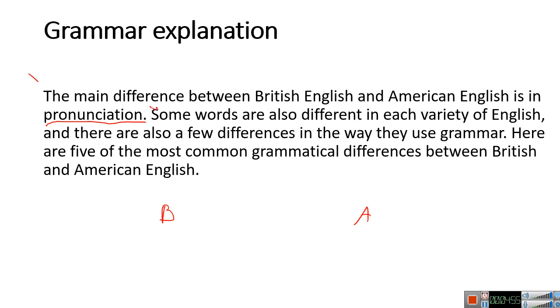Some words are also different in each variety of English, and there are also a few differences in the way they use grammar. Here are 5 of the most common grammatical differences between British and American English. So this lesson is gonna be basically about grammar and the grammar differences we have between American and British.